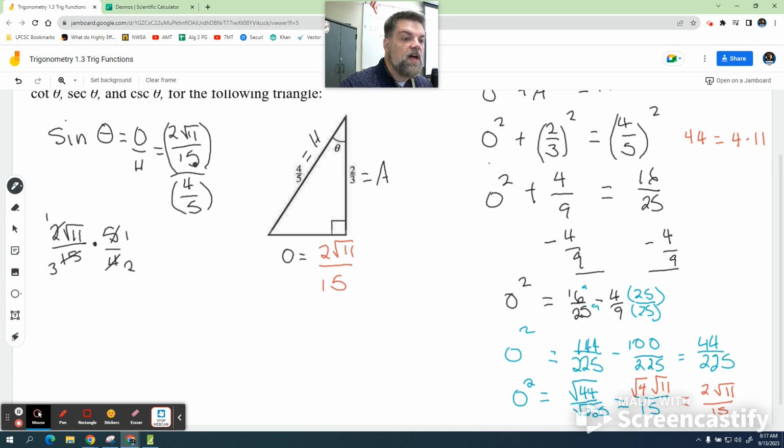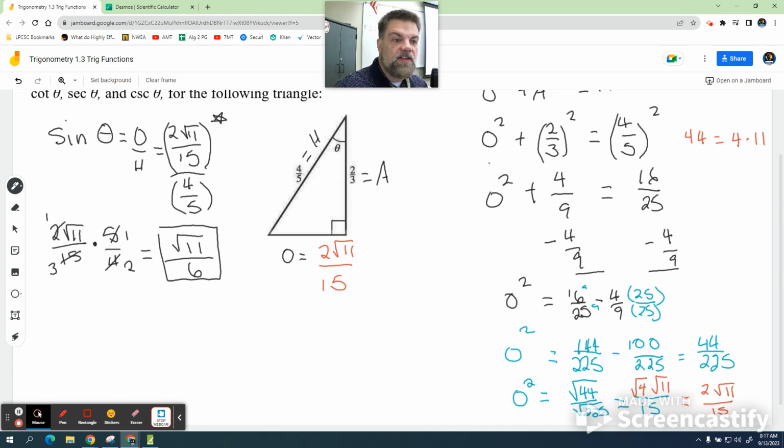So I've got 1 times the square root of 11 times 1. So this is just the square root of 11. What's 3 times 2? 6. So this is technically, we did all that work to get sine of theta. Now, how many of you guys got that far? How many of you guys got to this point? Okay.